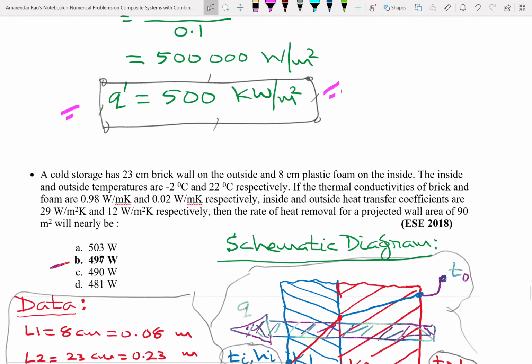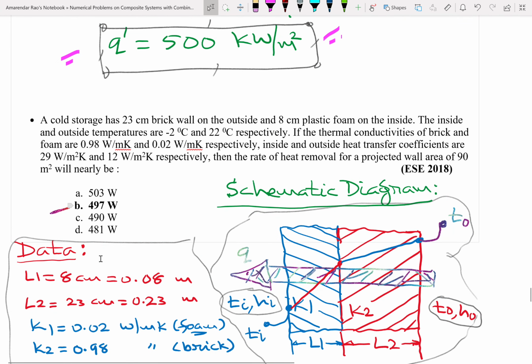Then finally, we will look at a problem which appeared in the latest ESC 2018. A cold storage has 23 centimeters brick wall on the outside, 8 centimeter plastic foam on the inside. The inside and outside temperatures are -2 and plus 22.